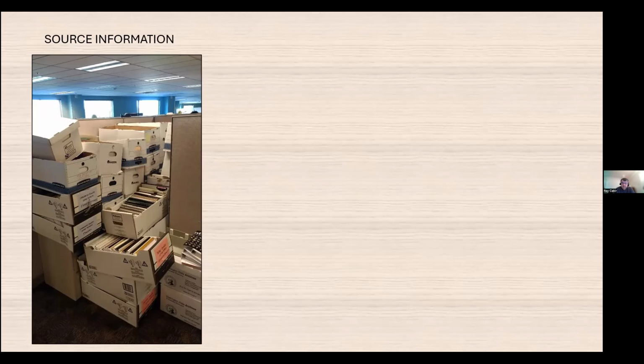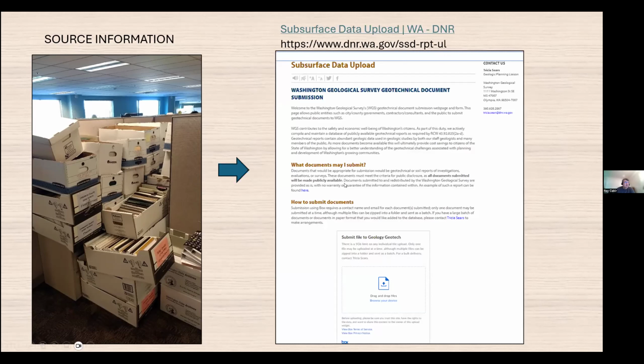As a brief explanation, we share geotechnical reports and subsurface information through the Washington Geological Survey portal. Our goal is to bring in reports that were used one time in the past for geotechnical projects, public utility projects, or road construction projects.